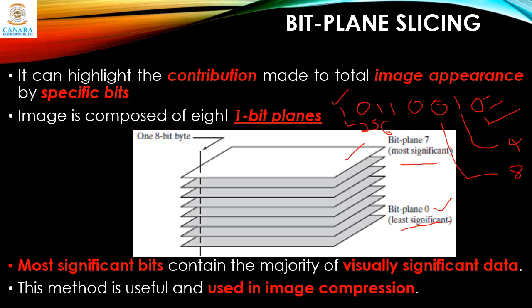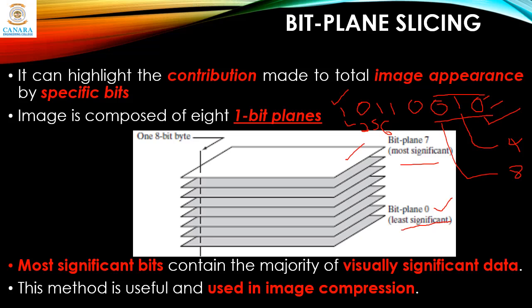Now you can see the contribution made by the LSB. 1 bit, 2 bit or 3 bit can affect only 8 levels maximum if you reset these 3 bits. So it won't have that much significant effect on the appearance of the image, and you can basically cut down these 3 bits while saving, so that you can save some space, and while recreating the image just simply append zeros in these 3 bits place.